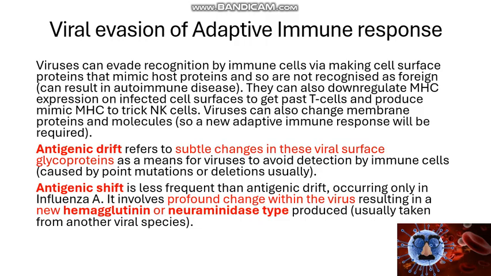Antigenic drift refers to subtle change in the viral surface glycoproteins, like we just talked about, so that viruses can avoid detection by immune cells.